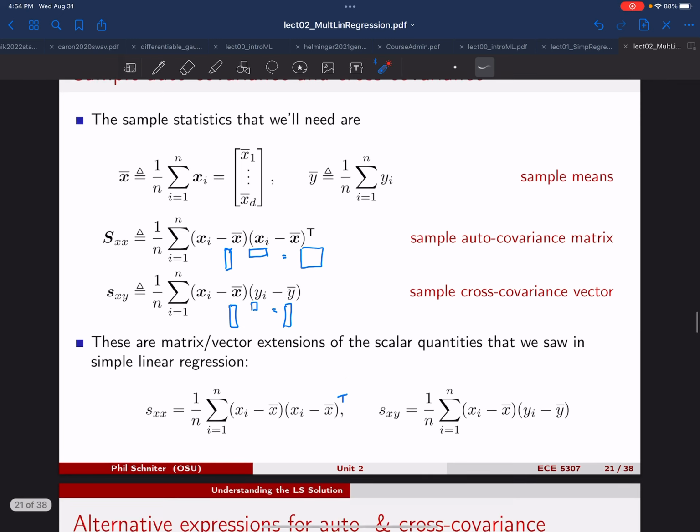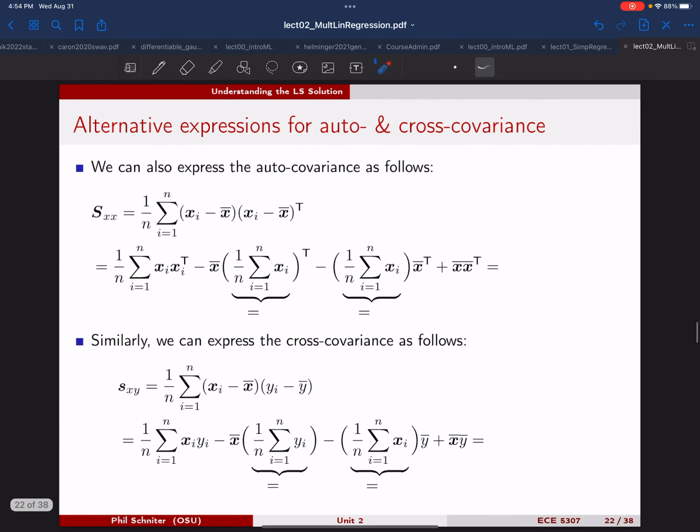All right, so now, very similar to what we did last time, we're going to come up with alternate expressions for these quantities. So we start with the definition of the sample covariance matrix, and we rewrite it by expanding this quadratic. So we have the first times the second here, the first times the first. We have the last times the last.